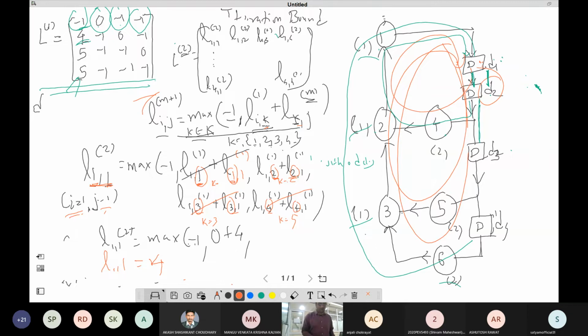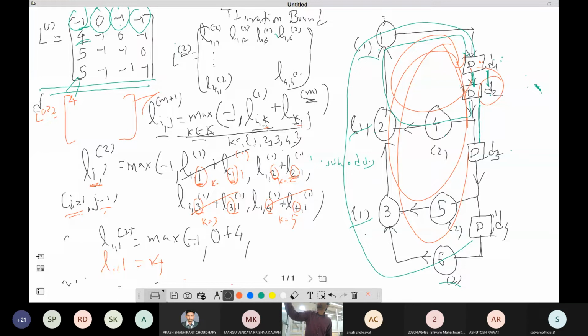So let's write down now L2. So L22, its first value will be 4. Now again I need to find out the same, but now the j is 2 because I am talking about L12.